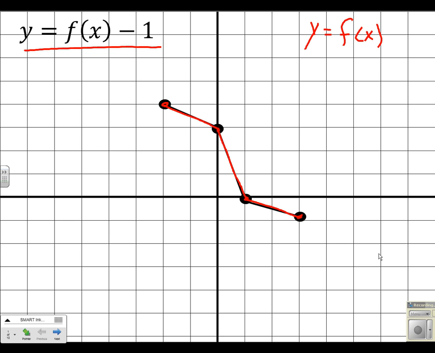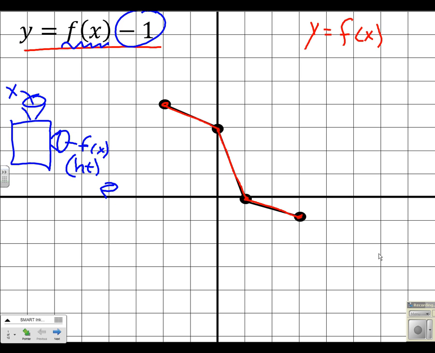So back to the pre-function, post-function aspect. We know what f of x looks like, but minus 1 is a post function. So I put x into f, and I get out my height, or f of x. This is my height. And then I have a simple little function here that just subtracts 1 from the height.